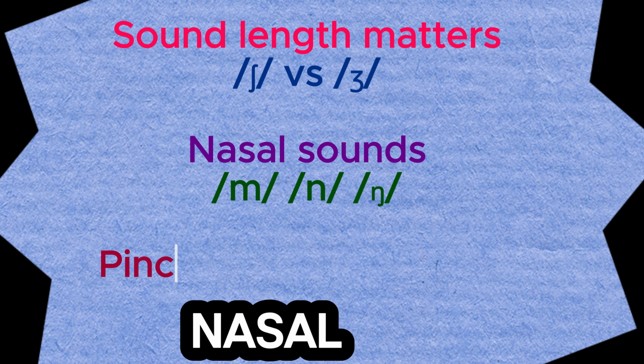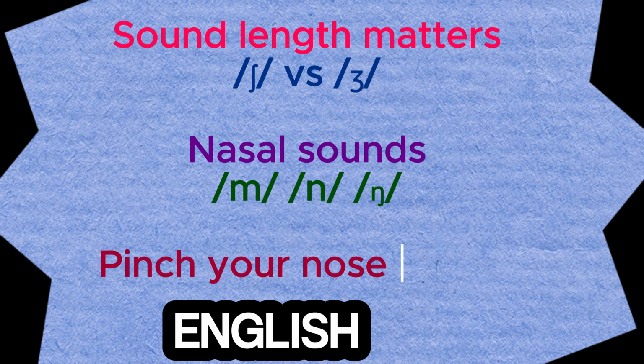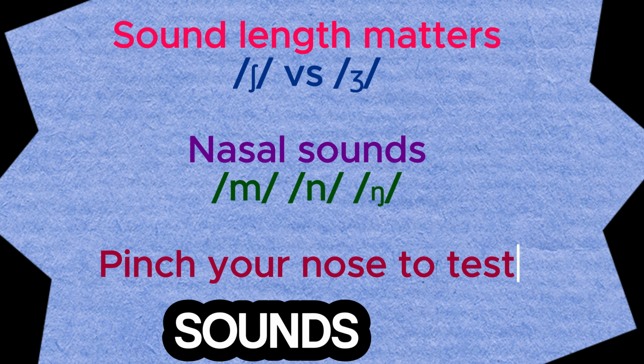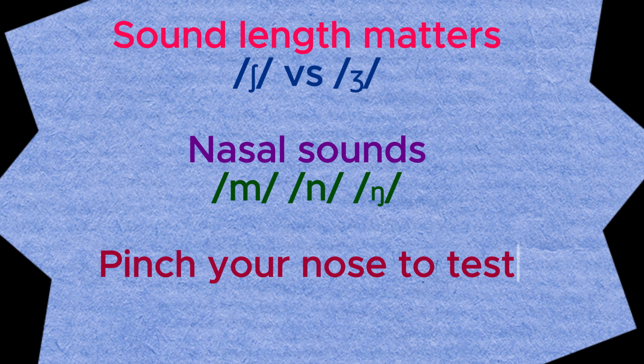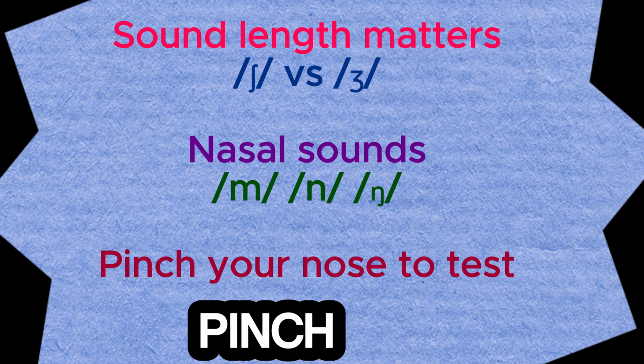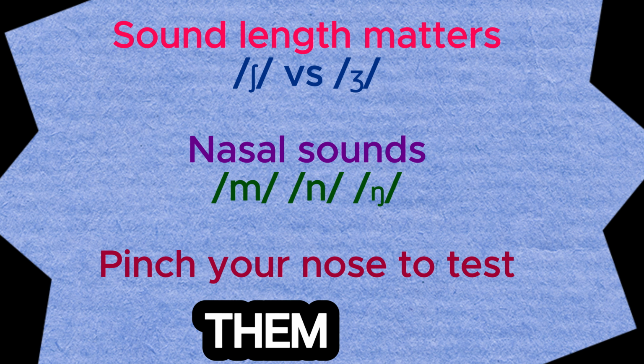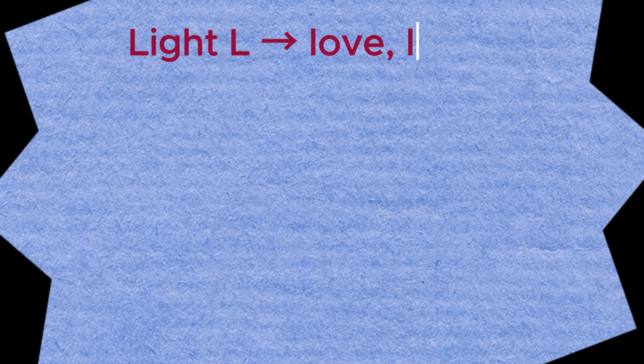Now, nasal sounds. English has 3 nasal sounds. M, N, and ng. You can pinch your nose to test them. English has 2 L sounds. Light L comes before a vowel.